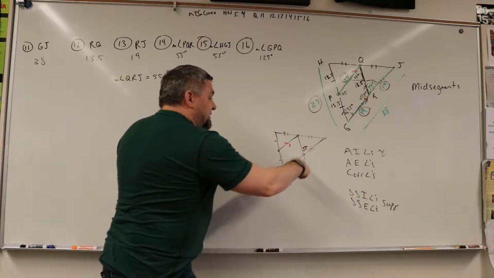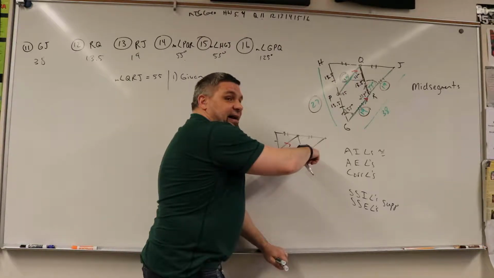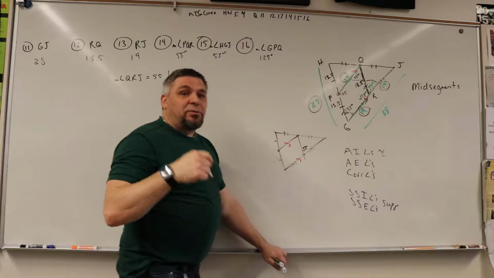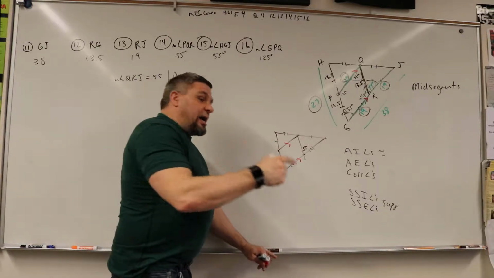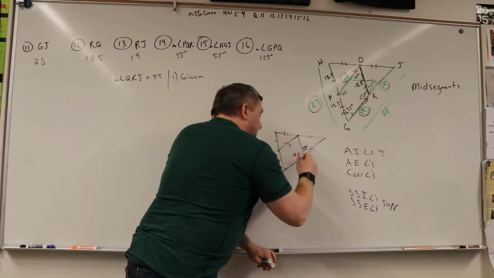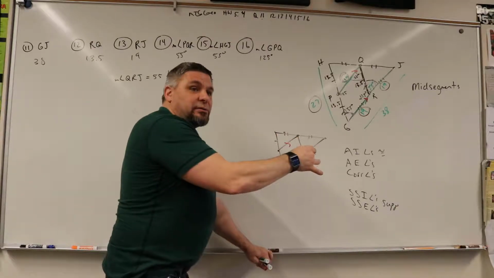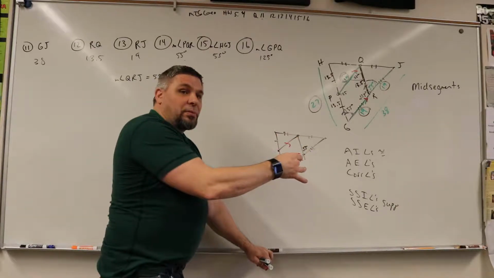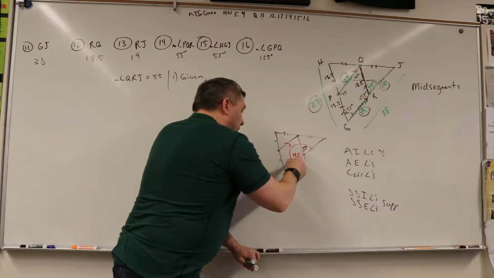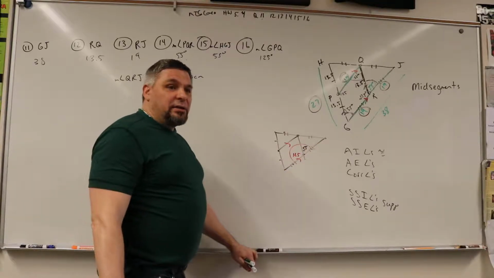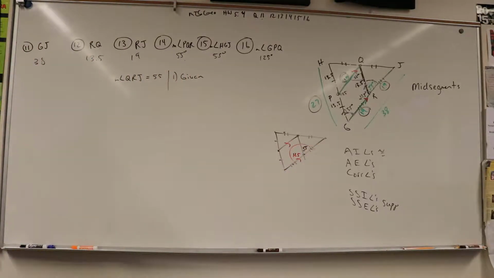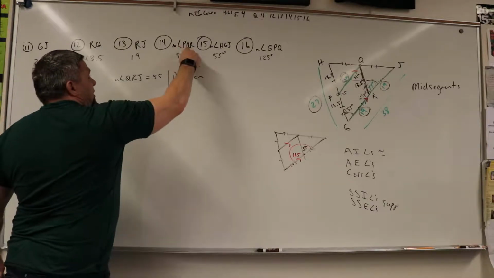So if I know that this angle is 55, then from chapter 1, right, I know that this angle is 125 because it's a linear pair. Right? Because this has to add to be 180. Okay? But from chapter 3, I start to look at PQR.